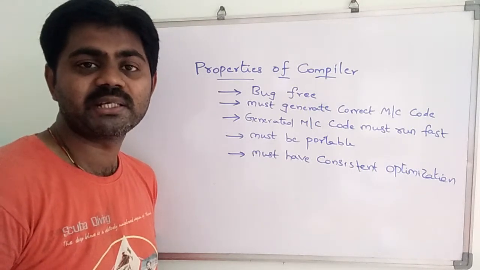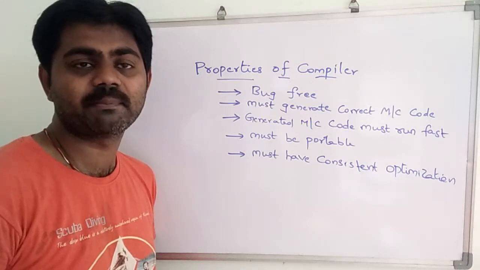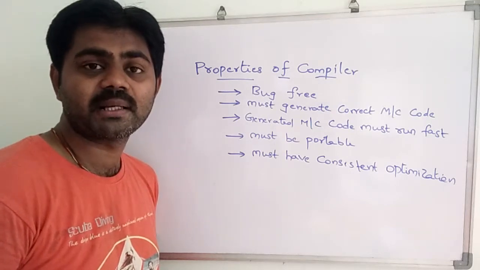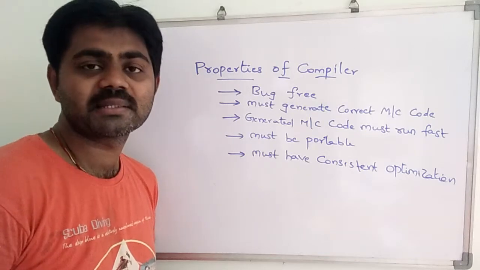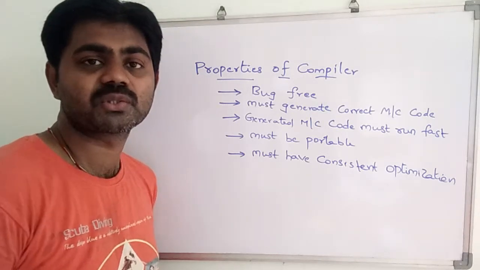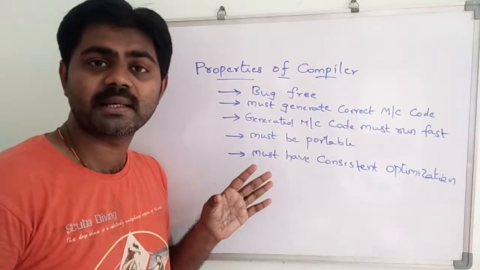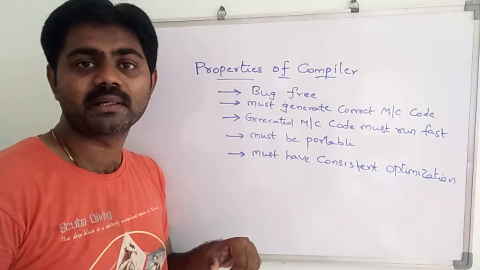If the generated machine code is running slowly, then there is no use of a compiler. And the most important one is the compiler must be portable. And the last one, the compiler must have consistent optimization. We're not fixed to 5 properties of a compiler. Here I am discussing only the most important properties of a compiler.